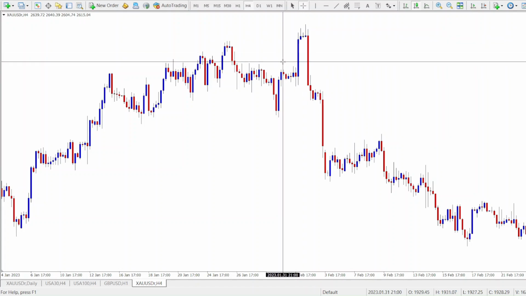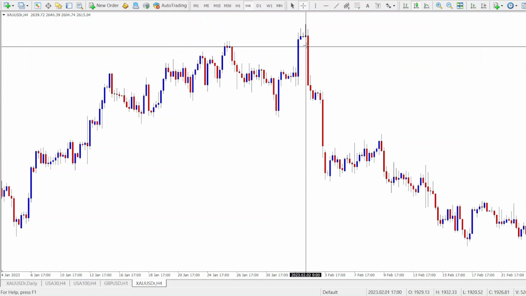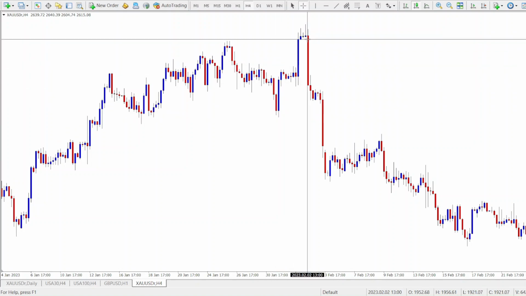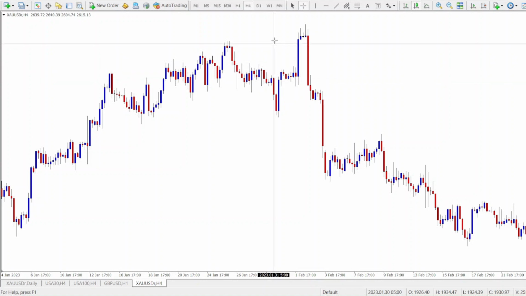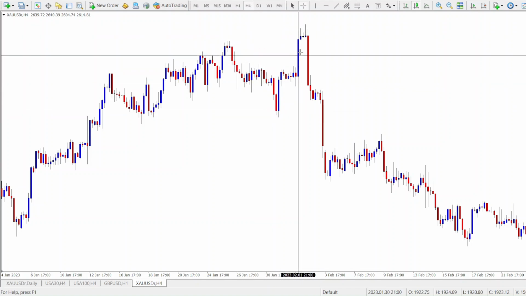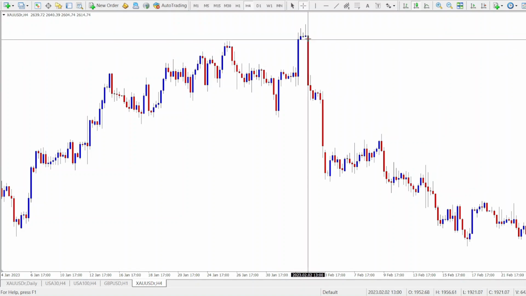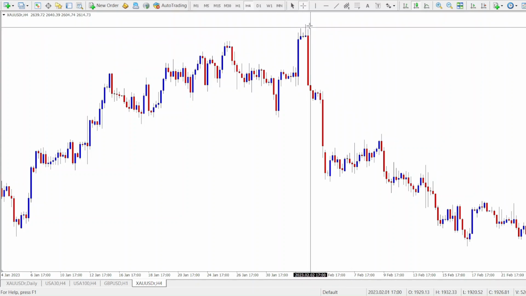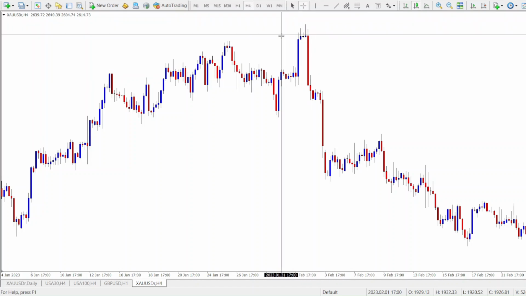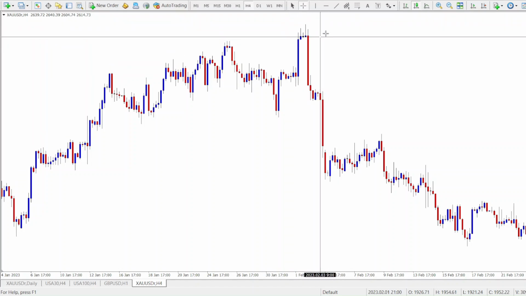It usually appears after an upward movement, like the uptrend you can see here, and it indicates that buying momentum is coming to an end and sellers are starting to gain control. So the shooting star is one of the candlestick patterns used to show a bearish reversal.